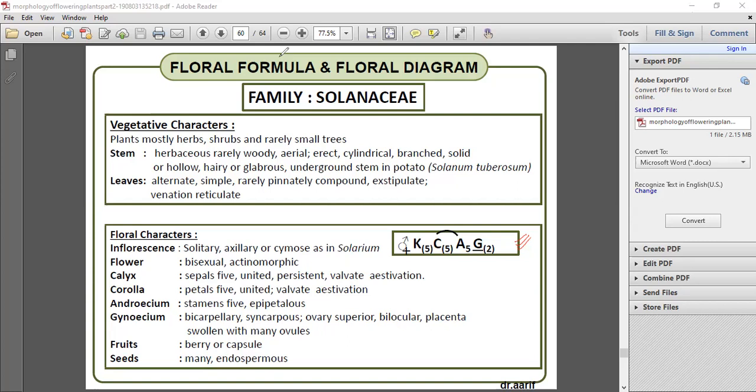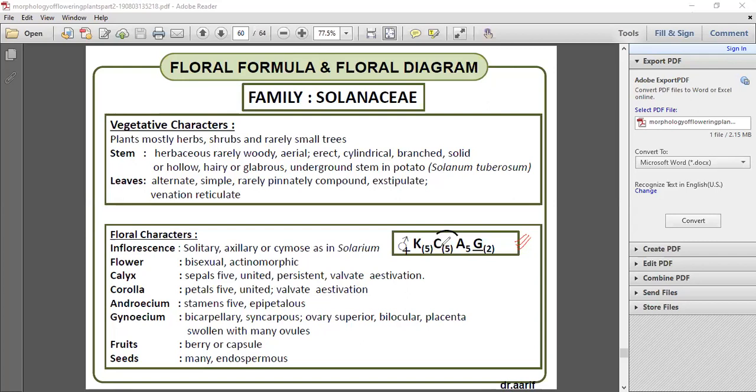Can anyone else say what she is missing? Class? For? They are united. Yes. So these are gamosepalous, that you need to say. Let's proceed, Devanshi.